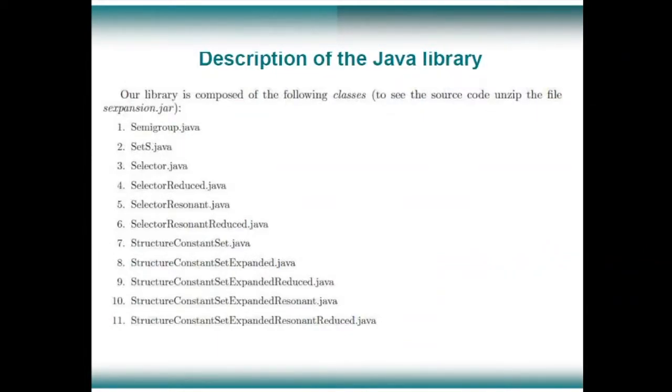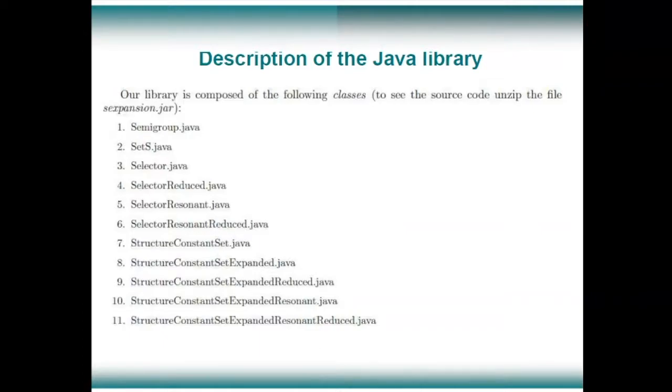It contains some classes. First, it has a semigroup class that's the one that allows the calculation. We identify here the elements with numbers 1 through n. That's how it works.